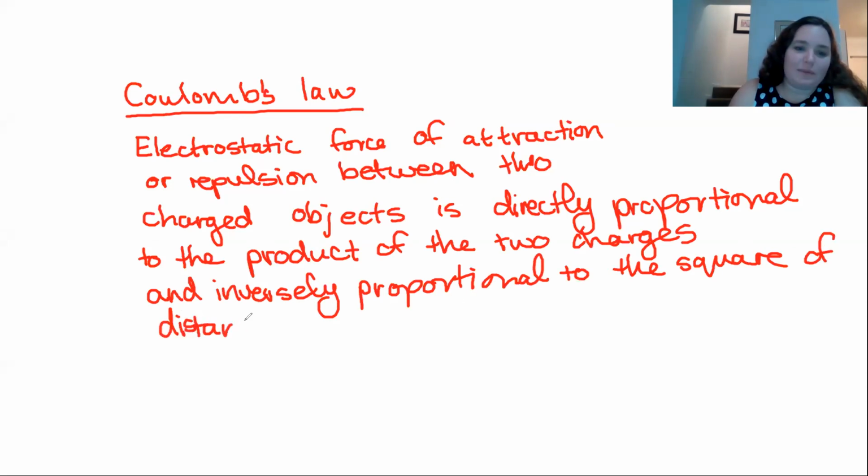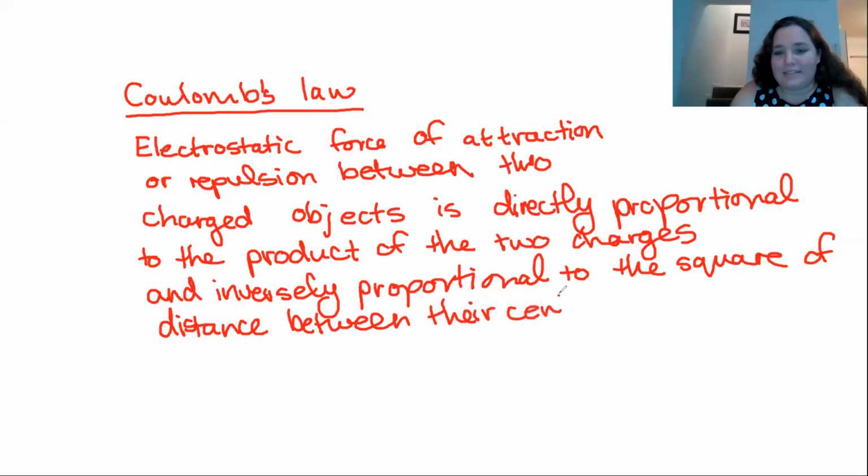Now, many of you would say between their centers, and that's fine, but technically you can get away with just between them, because the between their centers is something that you learn from gravitation, where we've got giant planets with huge radii. Here we're dealing with little charges with tiny radii, and the radii usually don't make a difference. So when we mark this, sometimes they change the marking.